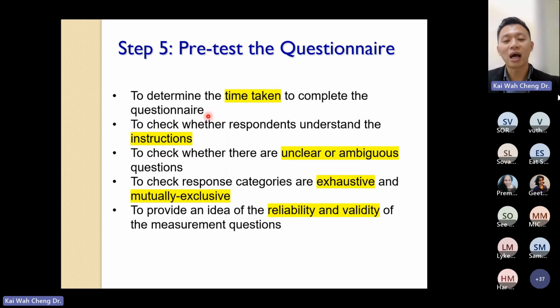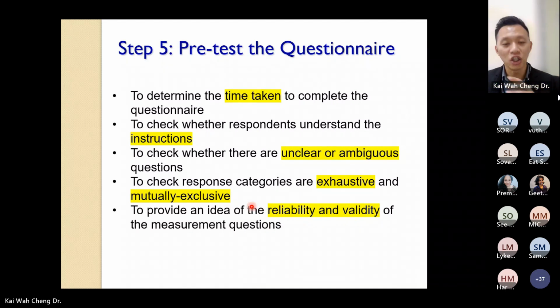By going through the pre-test, you can see whether the respondent can understand the instructions or the questions very well, so you will receive feedback from them when there are unclear or ambiguous questions.